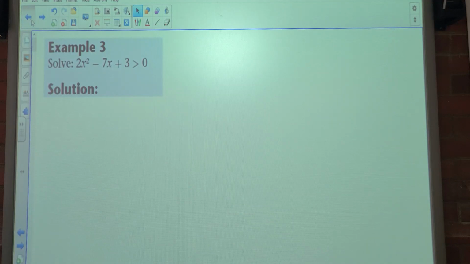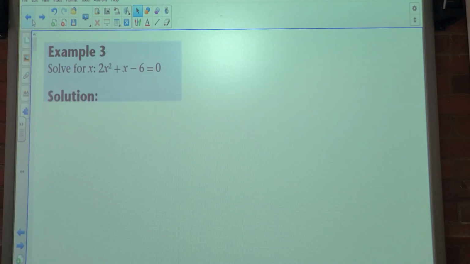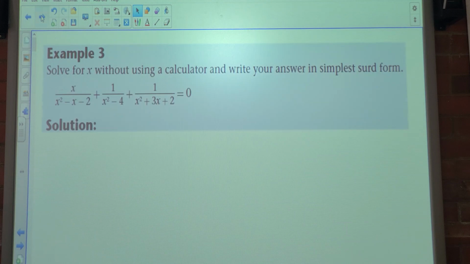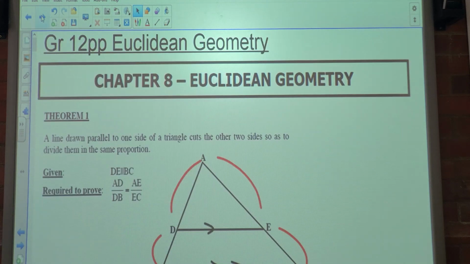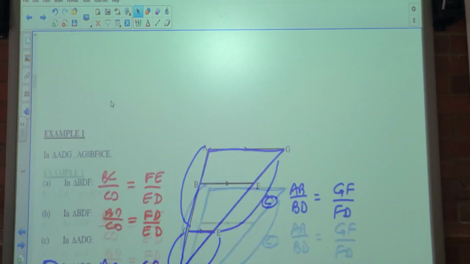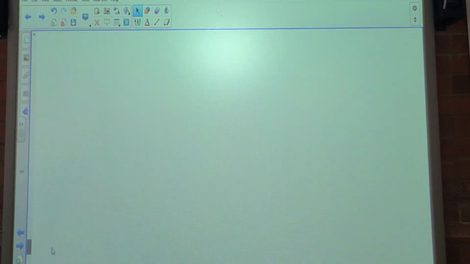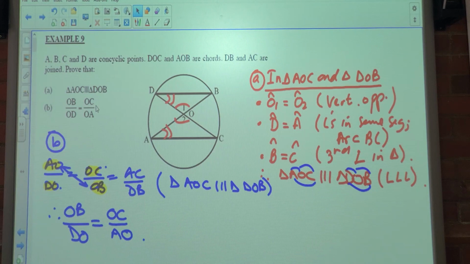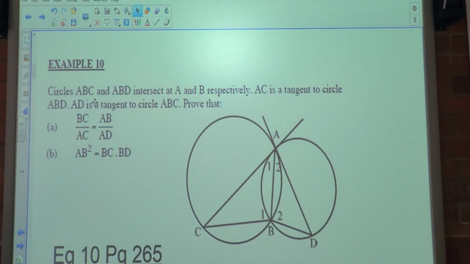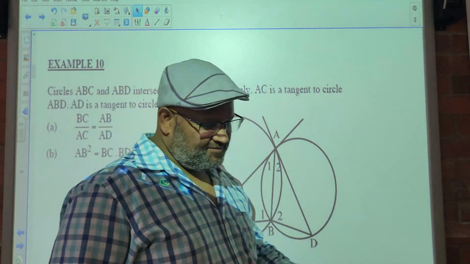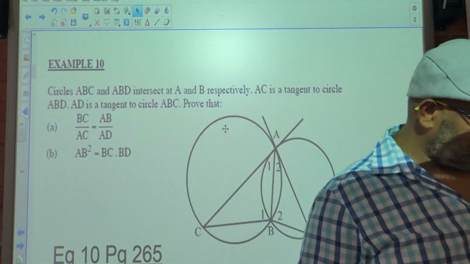Whoops. Where are we? Exercise 5, which is on page 267. Okay, and it's example 10.